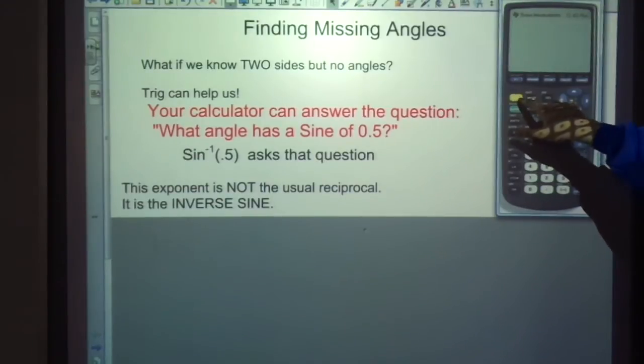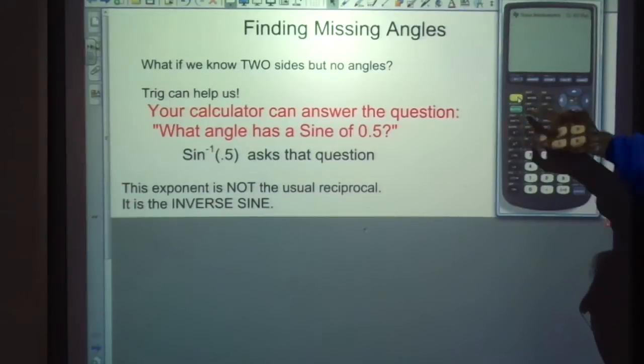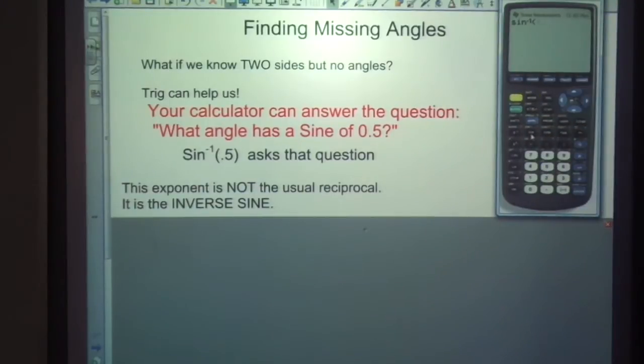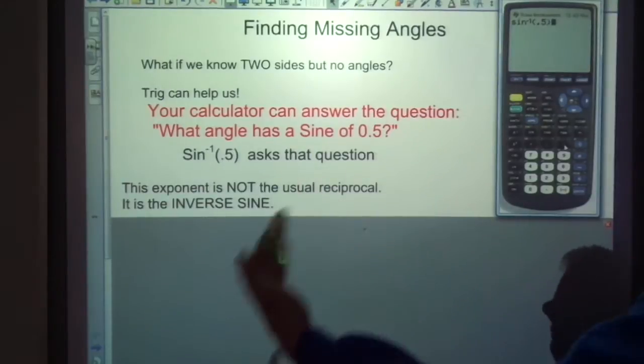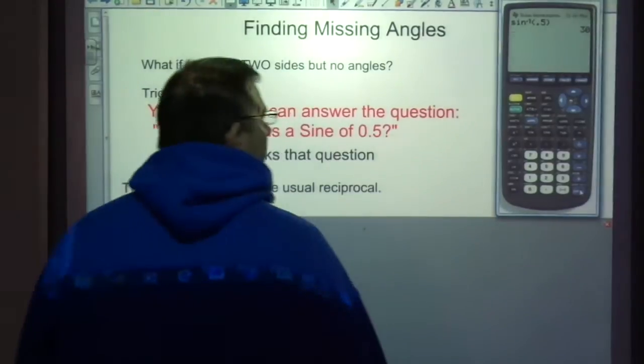I'm going to hit second and then sine, and right up above it is the inverse sine. If I enter 0.5, that is asking what angle would have the opposite side be half as long as the hypotenuse? 30 degrees. And we already knew that in 30, 60, 90 triangles, the opposite is half as big as the hypotenuse.